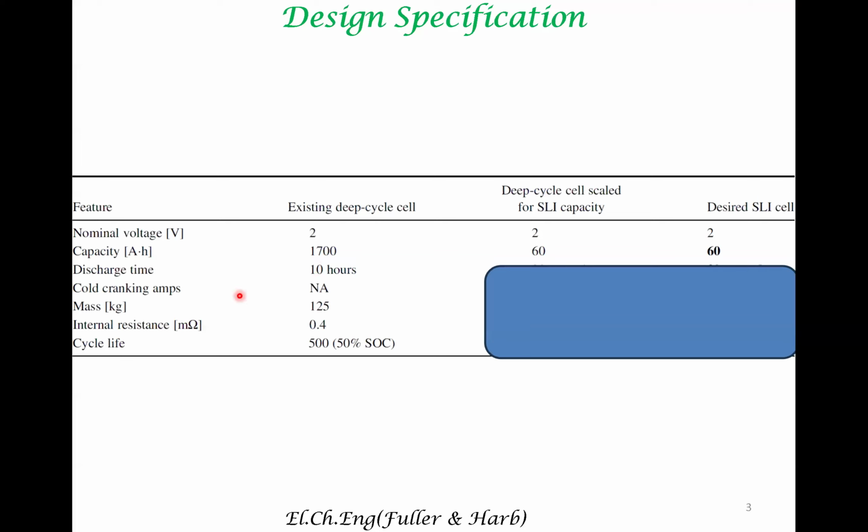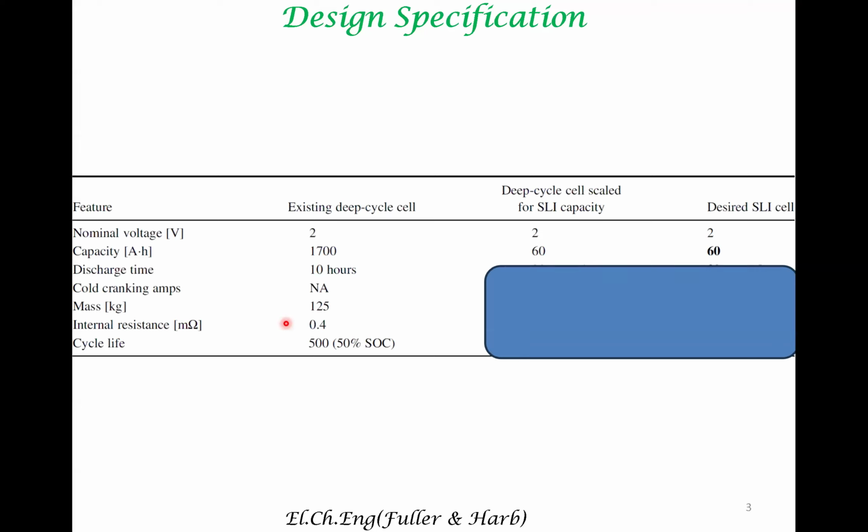We will clarify this terminology later. The mass is this one, and there is an internal resistance, and the cycle life is this particular number. It can be discharged and recharged 500 times if the state of charge is moved till 50% state of charge. So this is the existing specification of the battery.